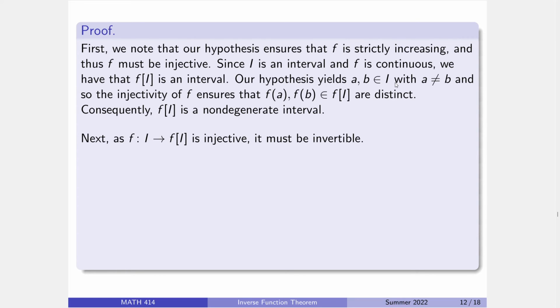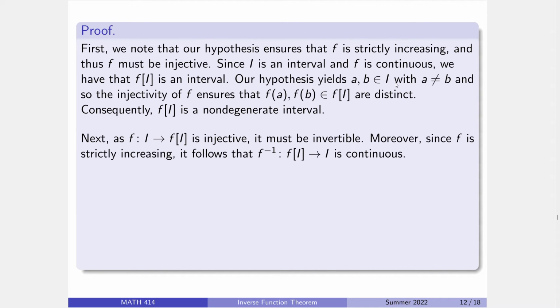Next up, since f, as a mapping from I to its range, is injective, it must be an invertible function. Moreover, f is strictly increasing, so it follows that the inverse is continuous. And here's the spot. Your brain might be going, wait, why are we assuming the derivative is positive everywhere?